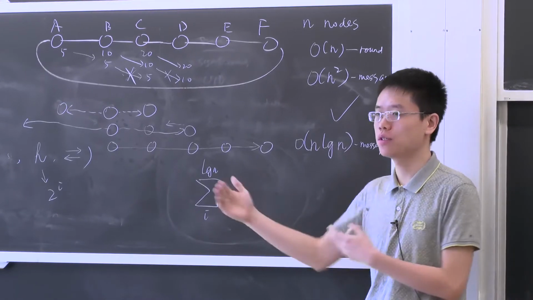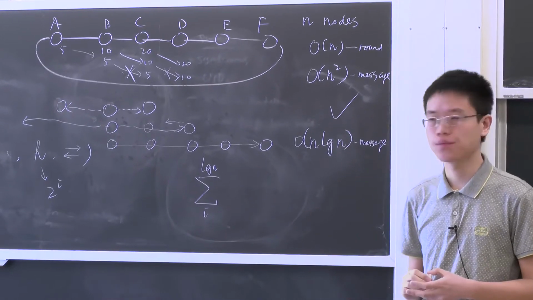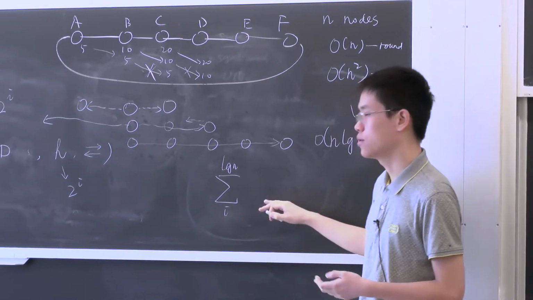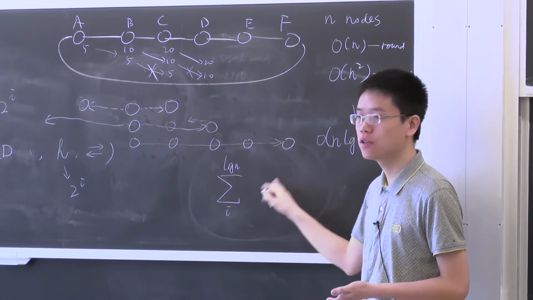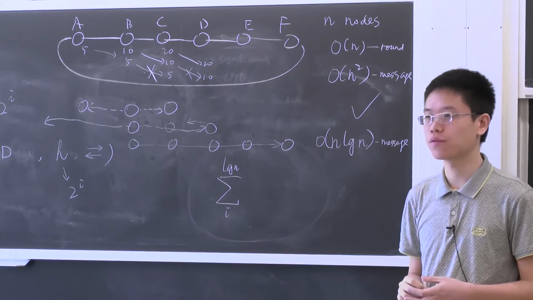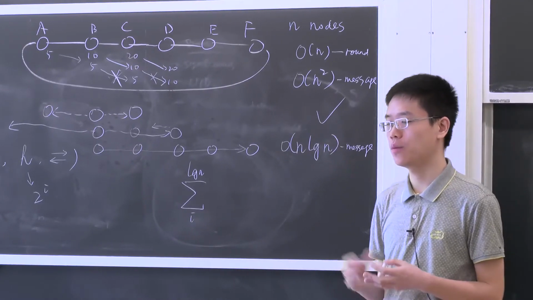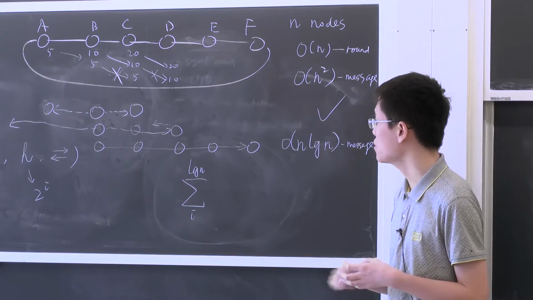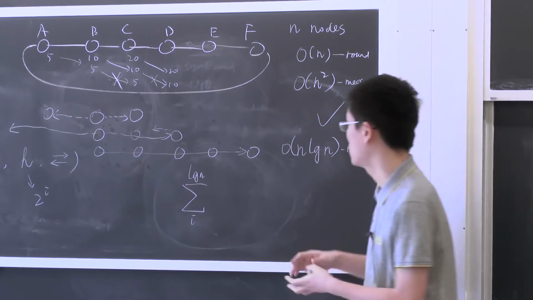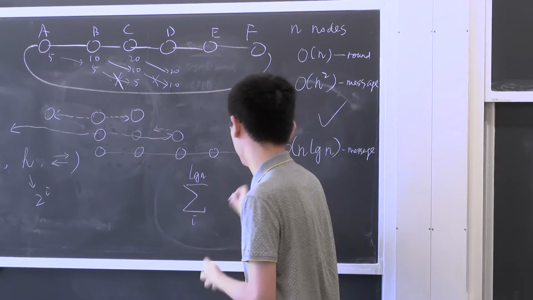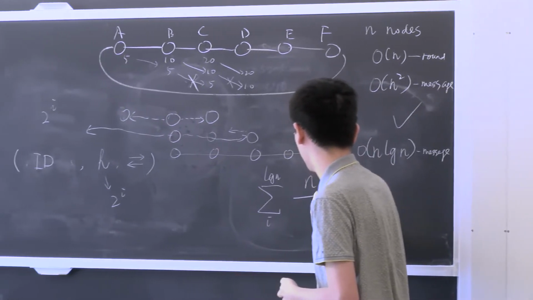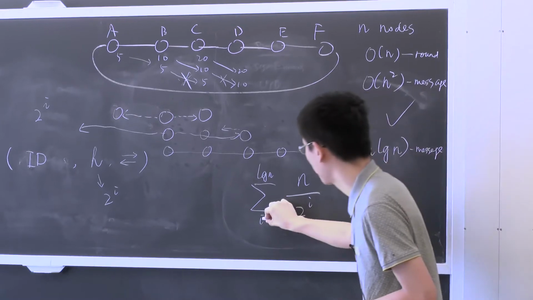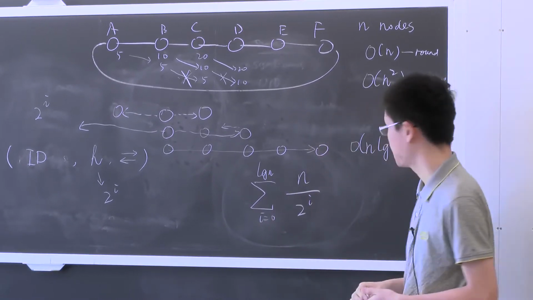Because you are increasing your hop length. And we're going to compute how many nodes are still active in each round and how many messages are sent in that round. Well, the number of nodes active will just be this number if we start from 0.